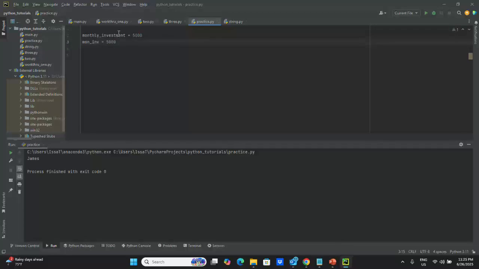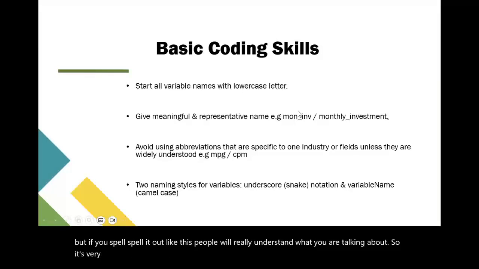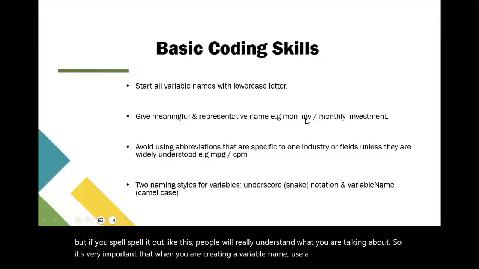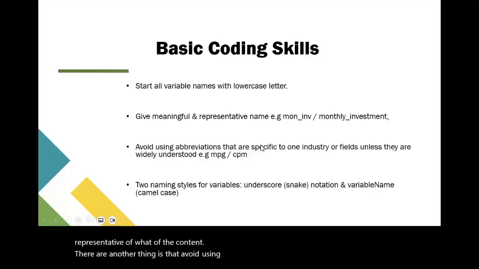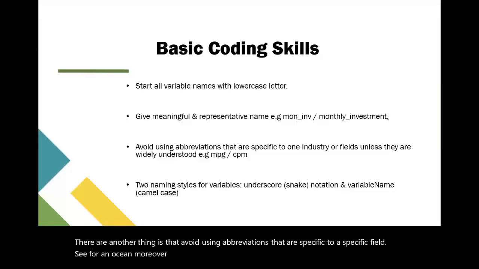But if you spell it out, people will really understand what you are talking about. So it's very important that when you are creating a variable name, you use a name that is very representative of the content. Another thing is to avoid using abbreviations that are specific to a particular field.